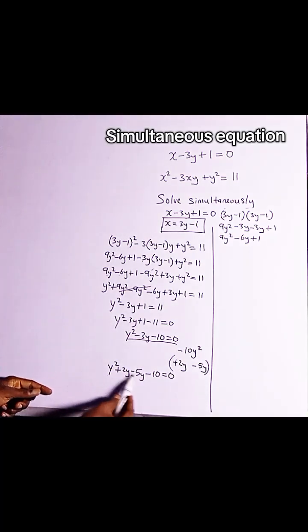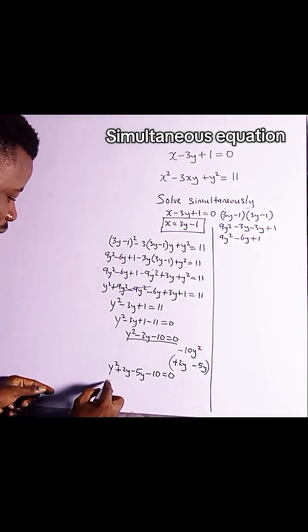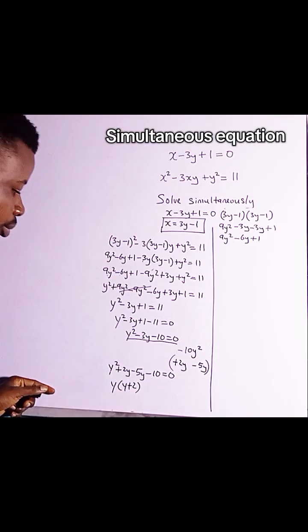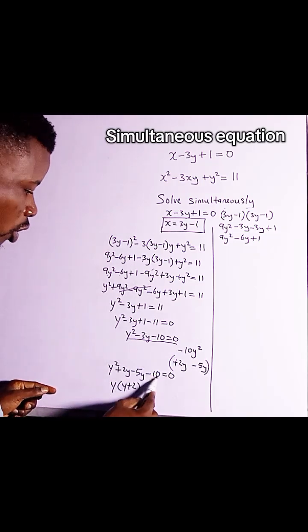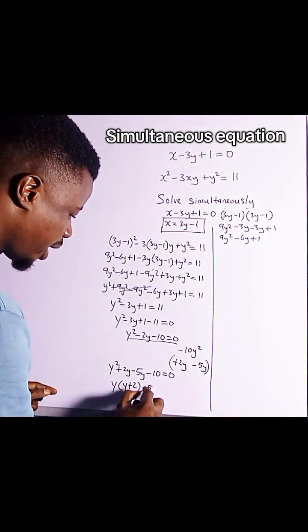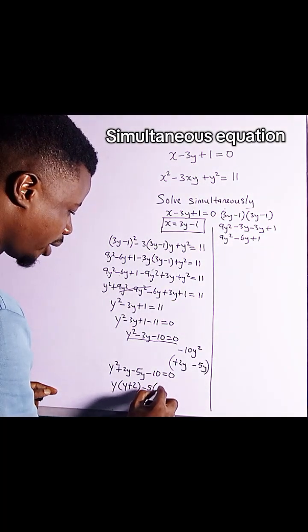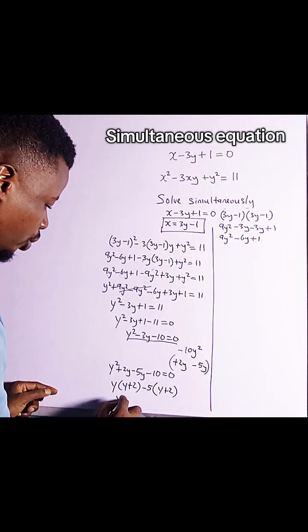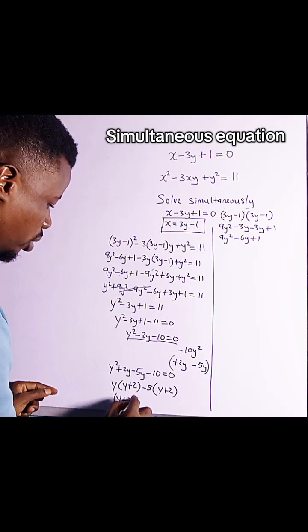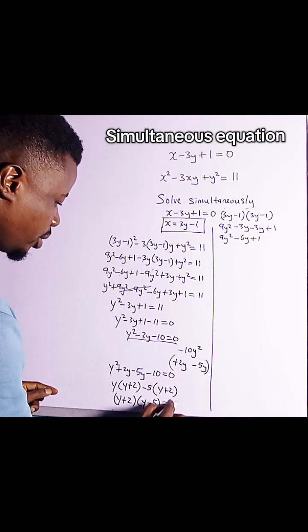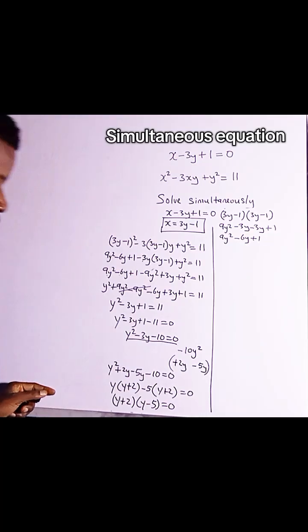Now let's factorize. What is common here? y is common, so y into y plus 2. What is also common here? Minus 5 is common, so we have minus 5 into y plus 2. So what do you have? You have y plus 2 times y minus 5 is equal to 0.